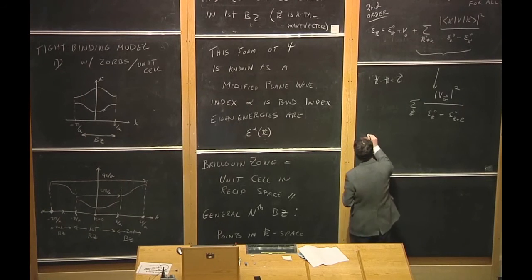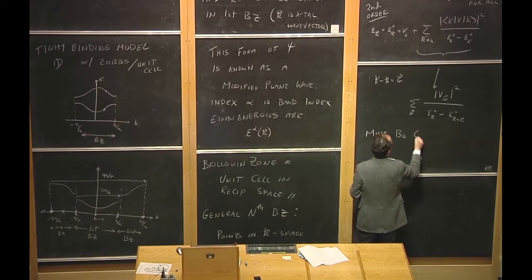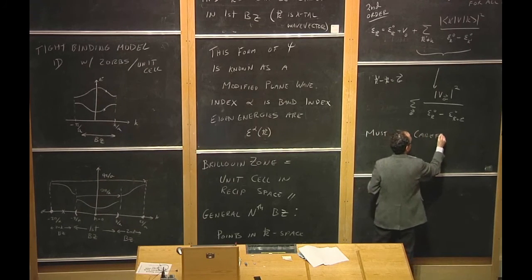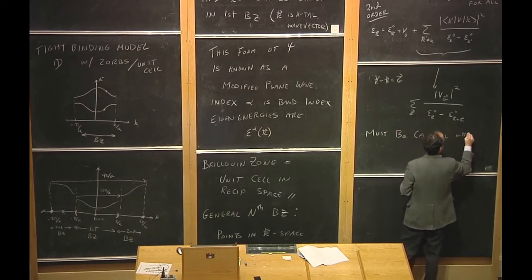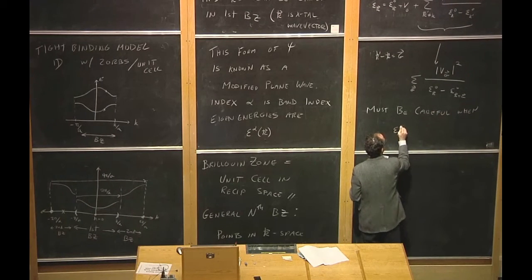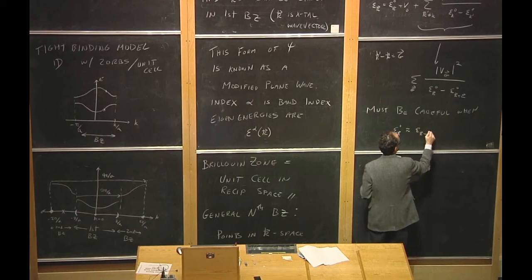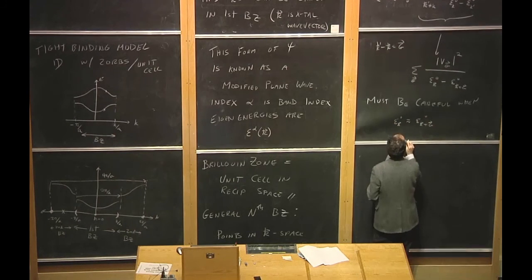So you must be careful when E sub k, let's just write it as E sub k naught, is approximately equal to E sub k plus g naught. Now, when does that happen?